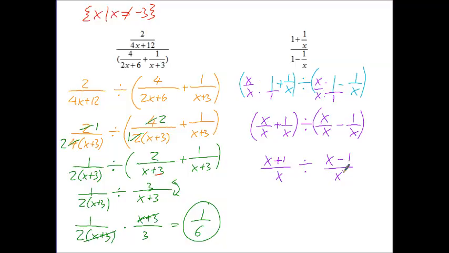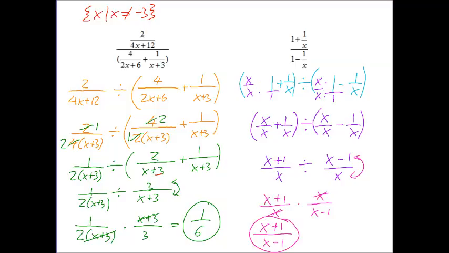That's why we also call it one of the grouping symbols. So then let's do our keep change flip. x plus 1 over x times x over x minus 1. And the x's cancel each other out, and we are left with x plus 1 over x minus 1.